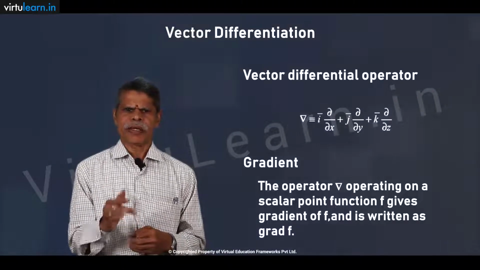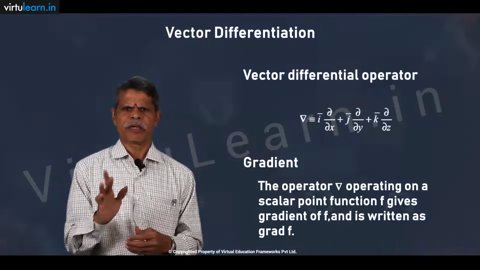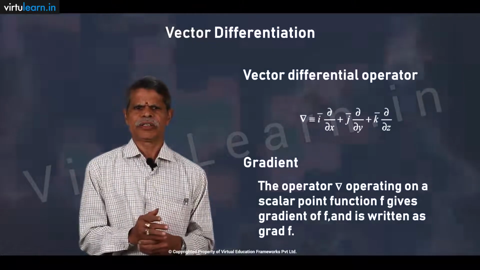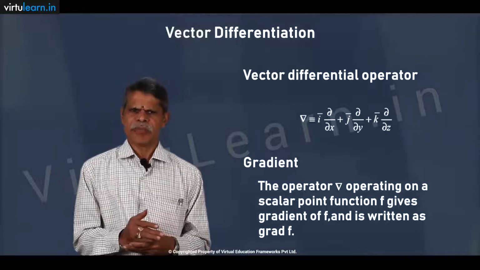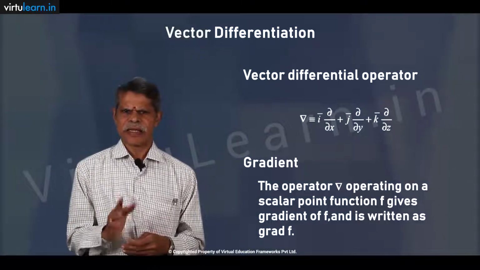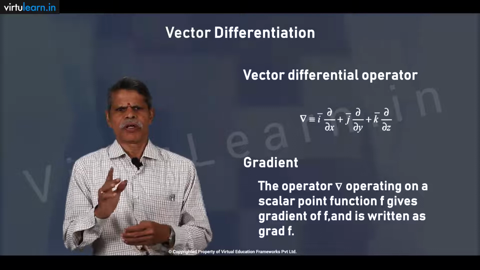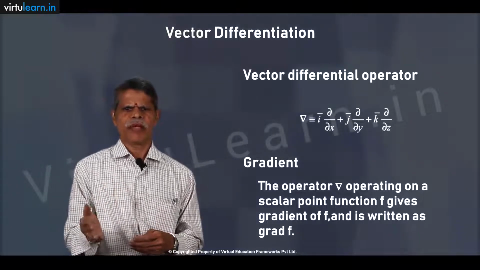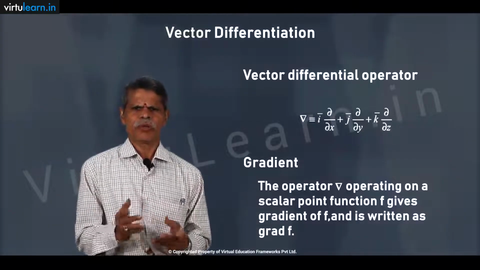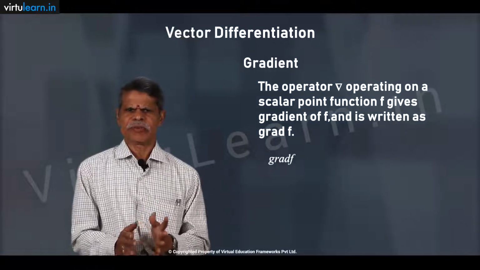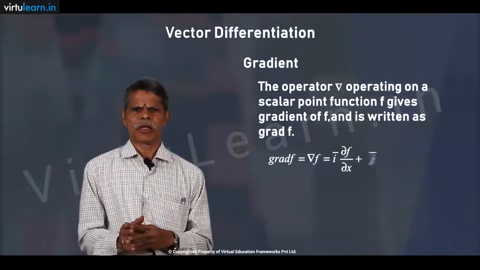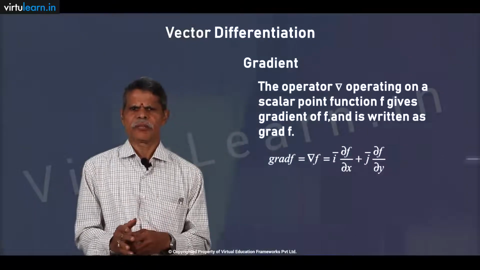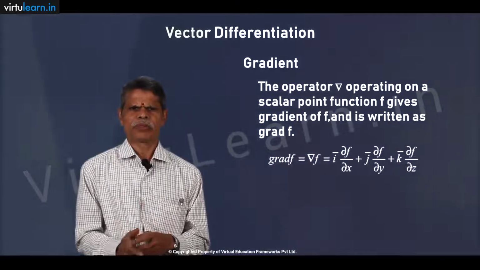If you operate del, the vector differential operator, on it, the result is known as the gradient of f. We write it in abbreviated form as del f, or the word grad followed by the function f. Grad f is defined as i bar dou f by dou x plus j bar dou f by dou y plus k bar dou f by dou z.